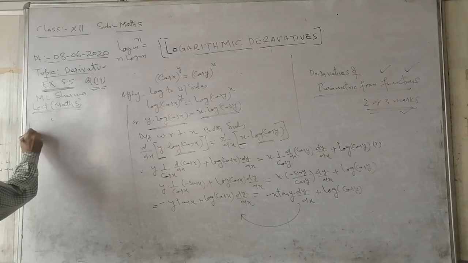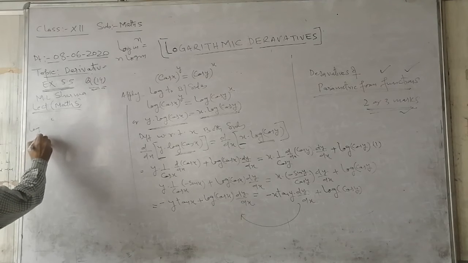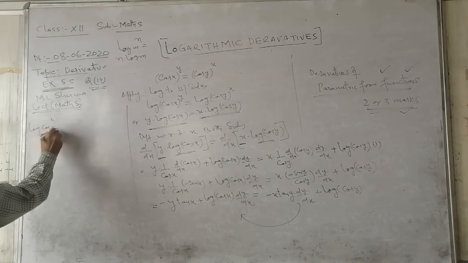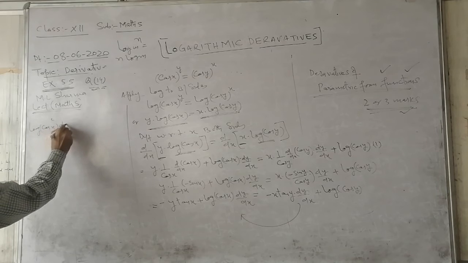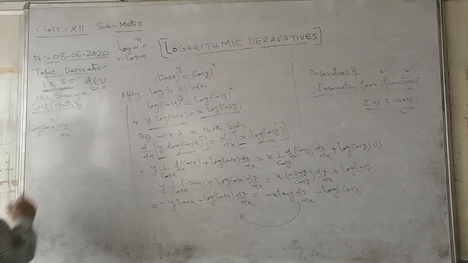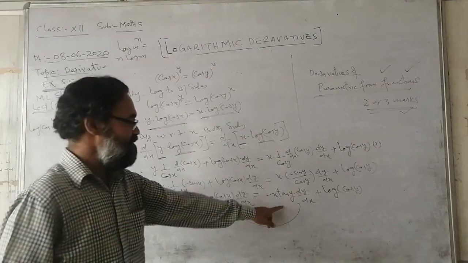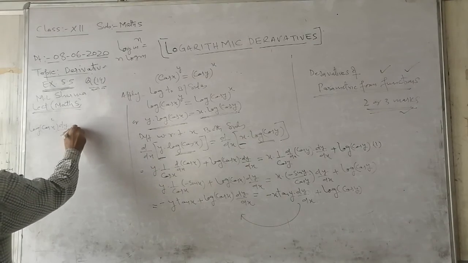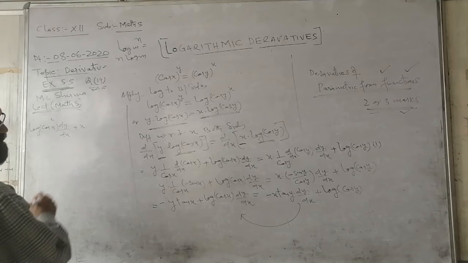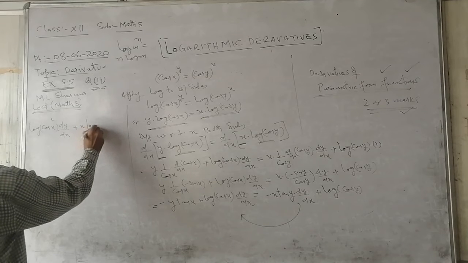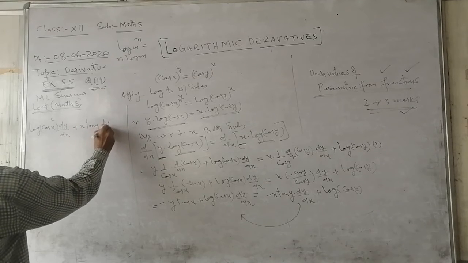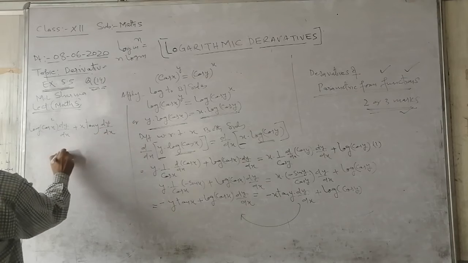Log of cos x into dy upon dx, and this is transferred here, so this will be plus x times tangent y into dy upon dx.